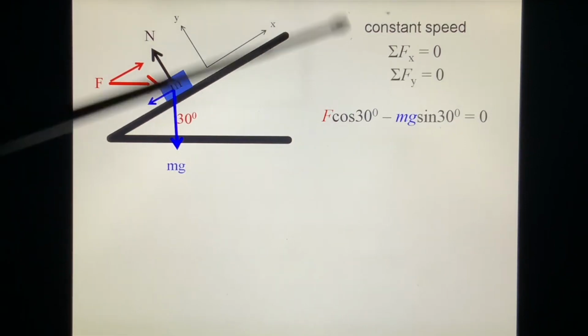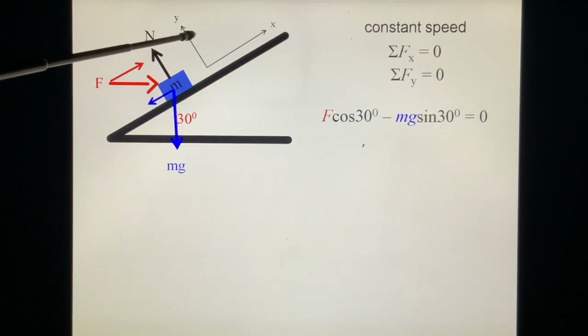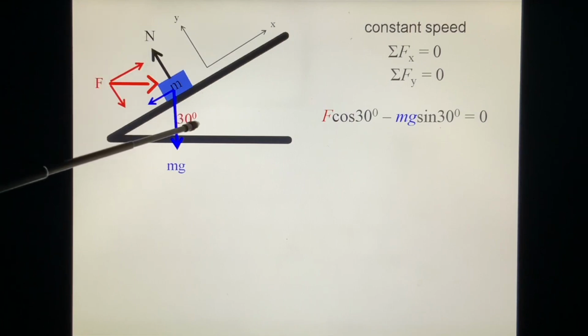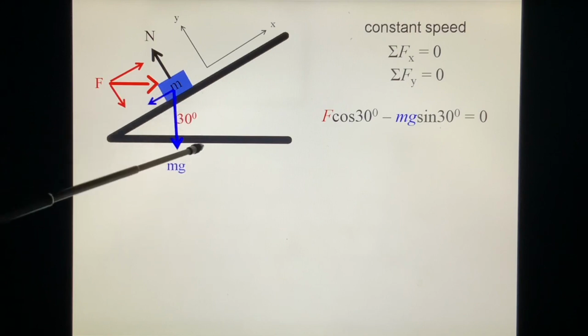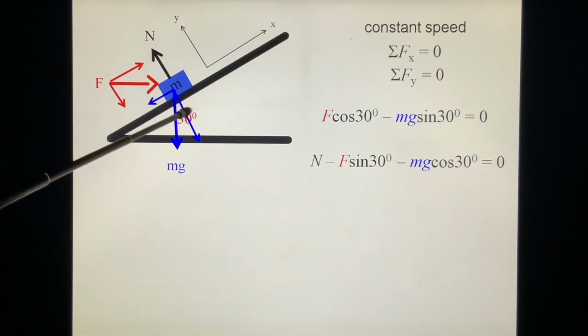Now let's look at sigma Fy equals 0. Normal is along Y positive. F has a component along the Y direction, which is negative, equal to F sine 30 degrees. And the gravitational force has a component along the Y direction, which is negative, equal to mg cosine 30 degrees. So we put them in, we get N minus F sine 30 degrees minus mg cosine 30 degrees equals 0.